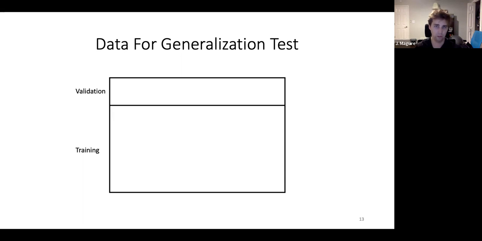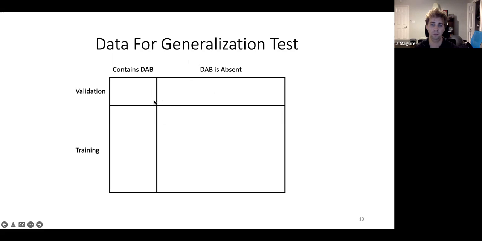So when we originally trained our models, and forgive the overly simplified picture, this rectangle is all of our data, and then we split it into training and validation. We then wanted to test, we're using DAB, a non-canonical amino acid, for this. We split all of our data into 2 sets, or further into 4 sets.